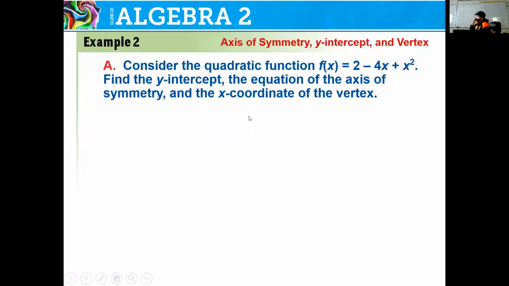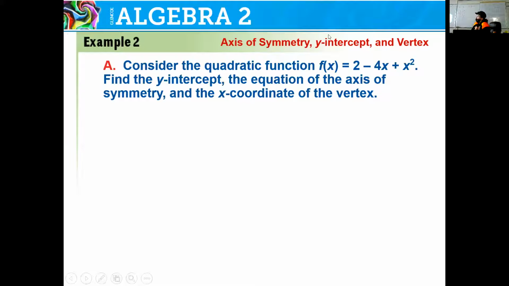Okay, so consider the quadratic function f of x, which is equal to 2 minus 4x plus x squared. Find the y-intercept, the equation of the axis of symmetry, and the x-coordinate of the vertex. So first thing I want to do is rework this so that it's in the form ax squared plus bx plus c.